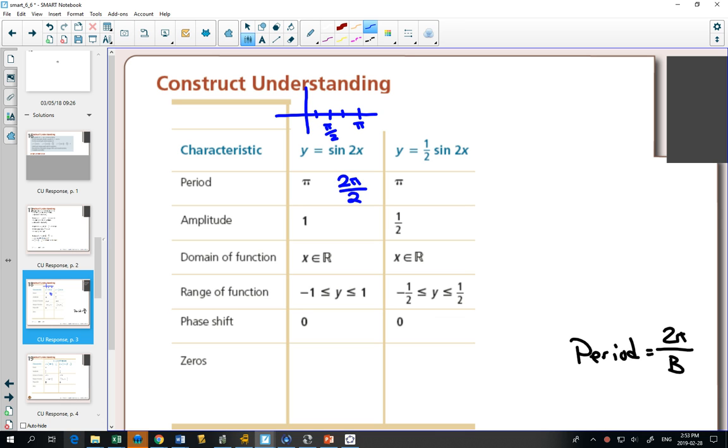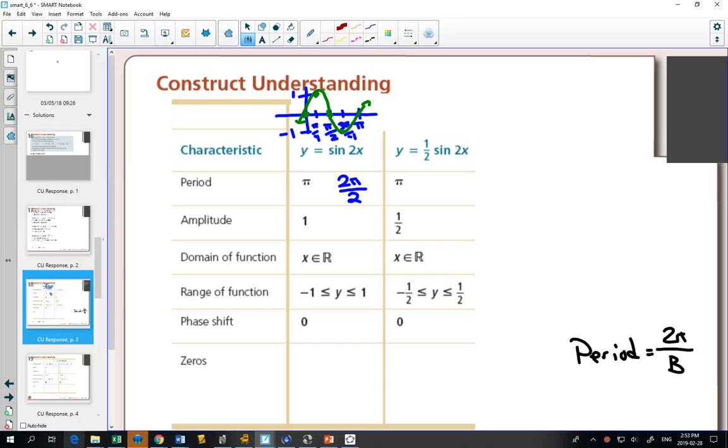So that'll give me pi over 4, pi over 2, 3 pi over 4. Amplitude is 1, so it goes up to 1 and down to -1. Sine graph starts in the middle going up. So I draw a tiny little graph there just to visualize a little bit of what's going on.